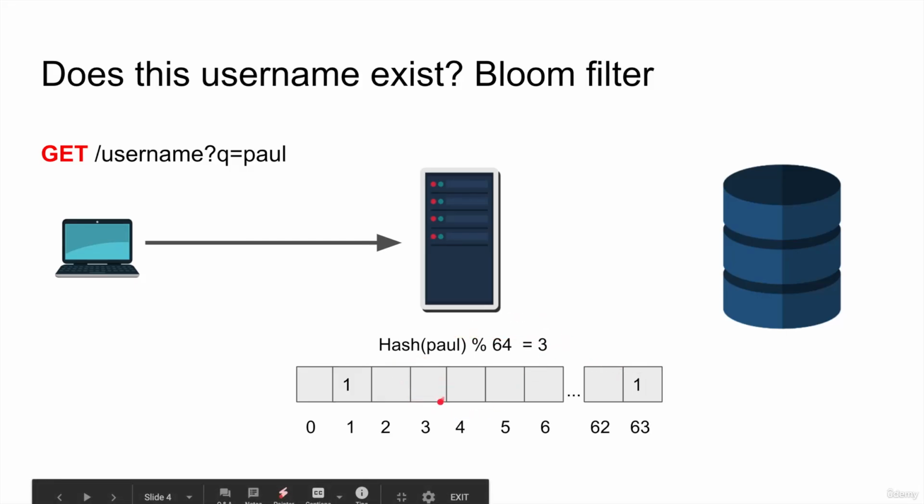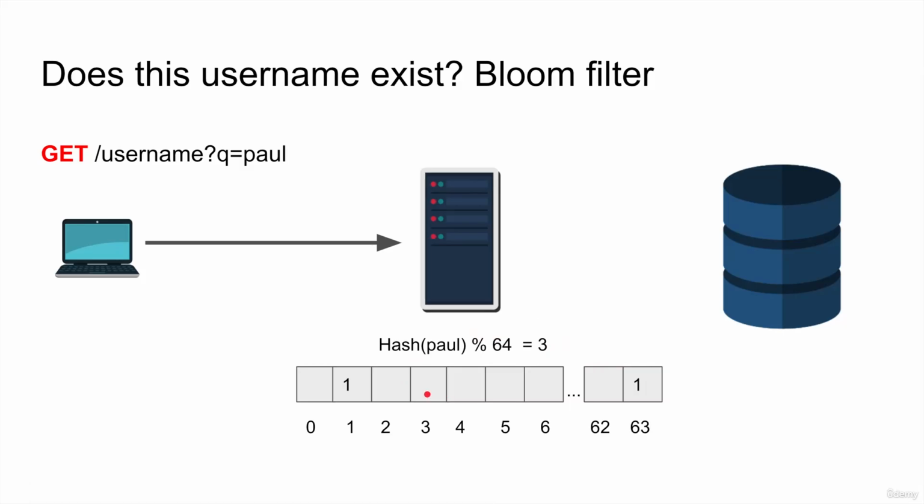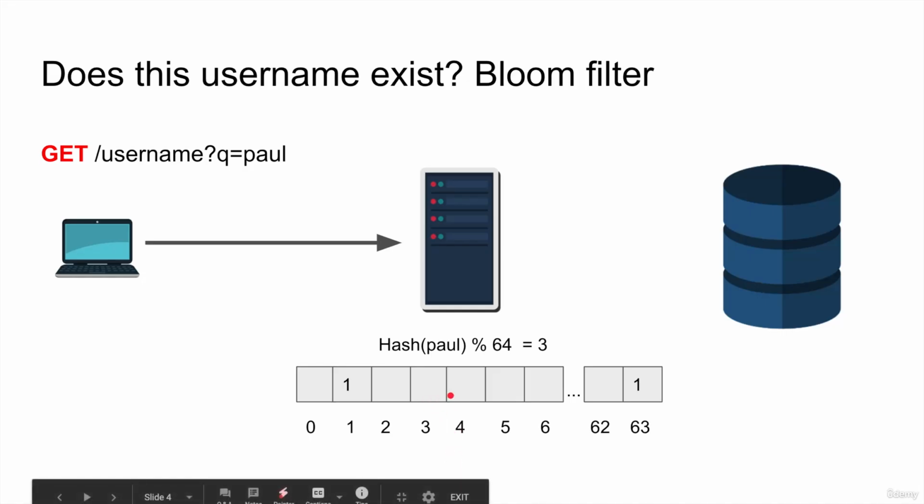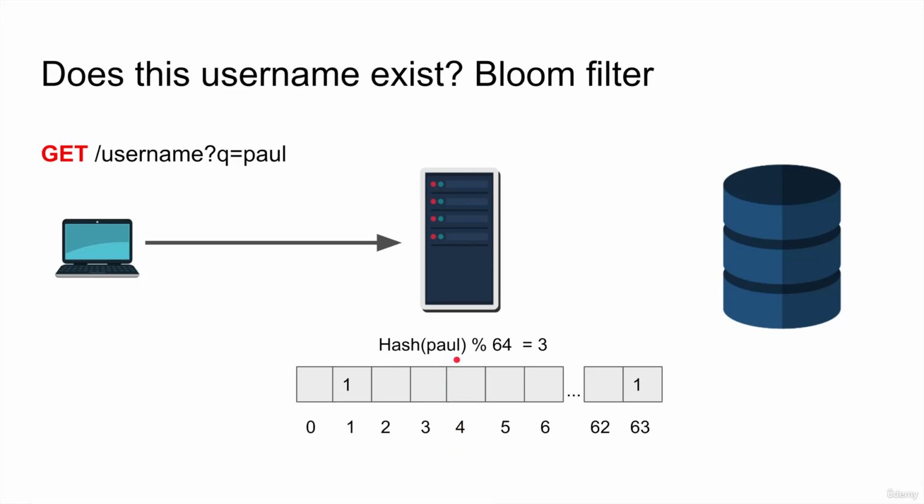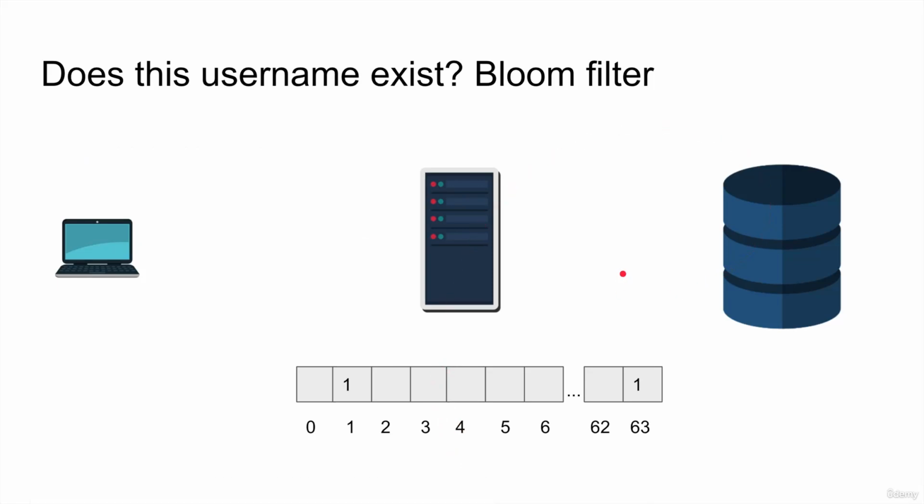And if we go ahead and check in my 64-bit integer, this is the filter that we built. Is this bit set? No. If it's not set, then you can absolutely, with 100% guarantee, say that Paul does not exist in the database because it's not set here. And we're gonna show how that happened. So Paul doesn't exist, and I didn't even have to query the database.